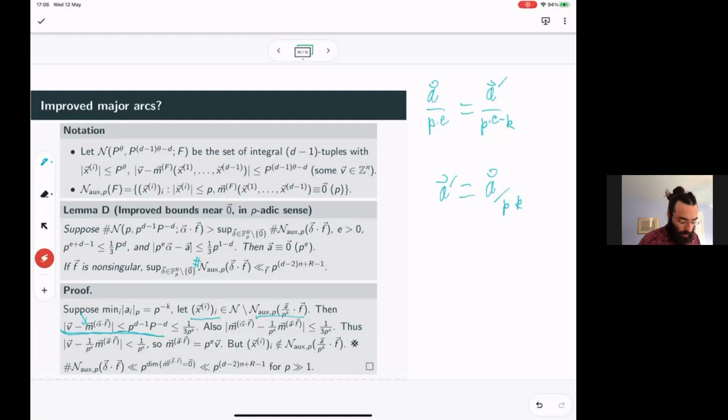Okay. And the last part, about there being few bad solutions. So this is in some sense just algebraic geometry. The idea here is that we have a solution to a system of congruences mod p.